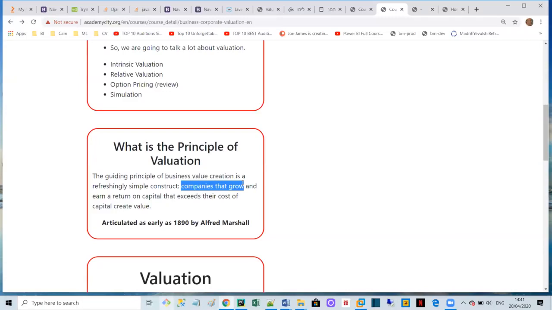You must have the second condition, that the return on capital, that means, let's say the price of the ice cream you're selling, must be more than the cost of capital. That means if it costs me $4 and I'm selling at $5, I'm making money. But if I'm buying at 5 and selling at 4, I'm losing money. So if I'm making money, growth will make it even more.